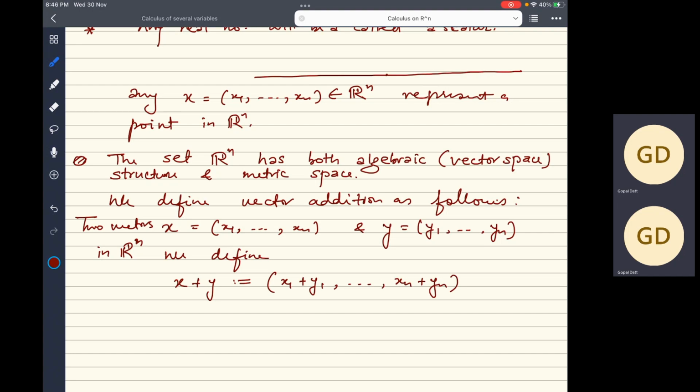This is true for any x and y in Rn. This is called component wise addition.